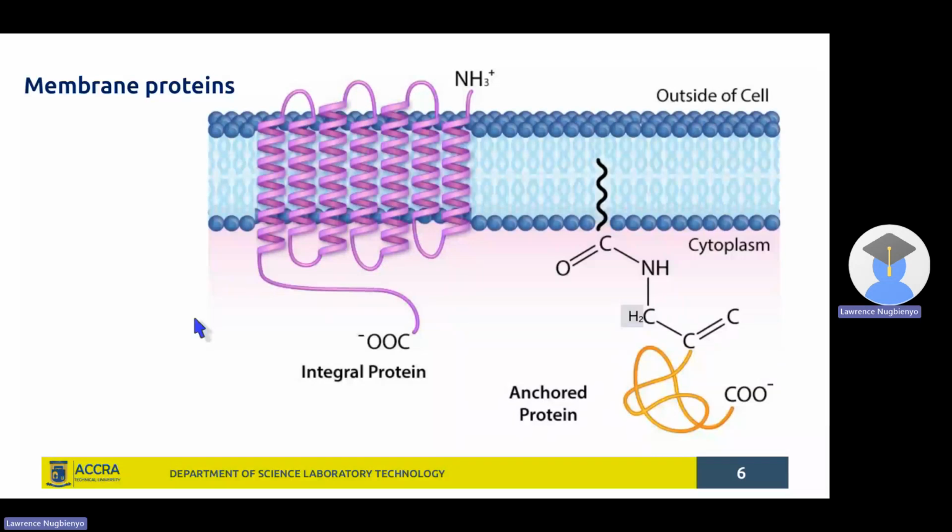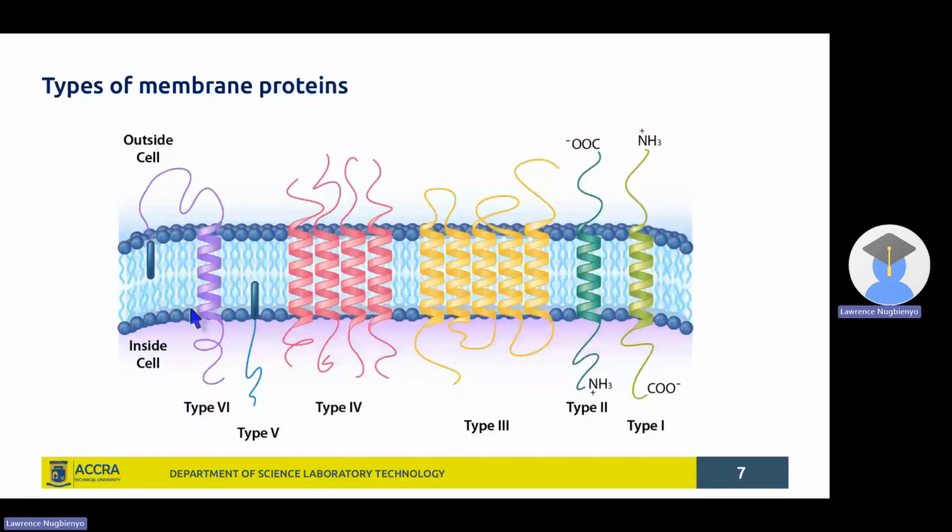Now you see the types of the membrane proteins here, where we have type 1 up to type 6 of these membrane proteins. Now, type 1 is a membrane protein that is having just one loop. Let's say that is one alpha helix, which is embedded in the lipid bilayer.